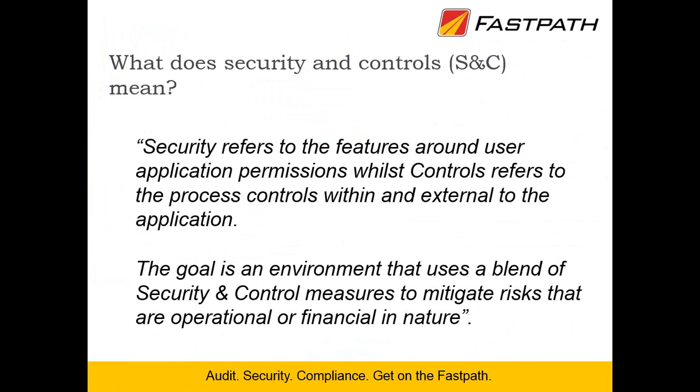Controls refers to all the processes that you have around the application, either a process or some sort of procedure that you might implement around NAV. So an example of that would be using Word, right? Anytime somebody creates a purchase order over $1,000, their manager needs to sign off on that for approval.